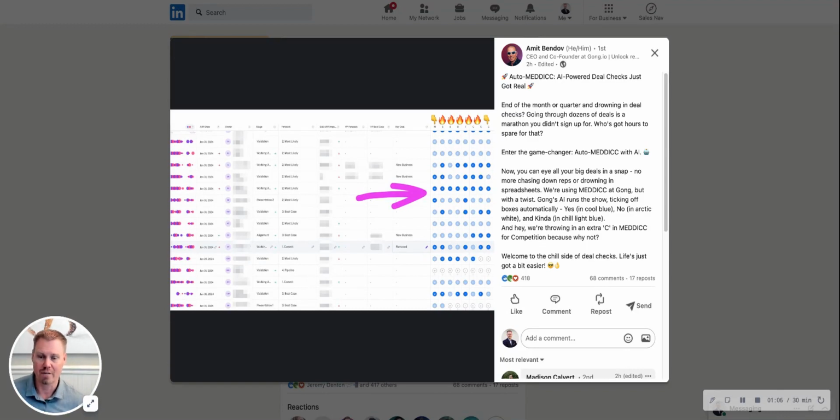So first off, let's define what MEDDICC is functionally so that we can compartmentalize where it fits in your process. First and foremost, MEDDICC is a framework largely built around process adherence and data gathering.